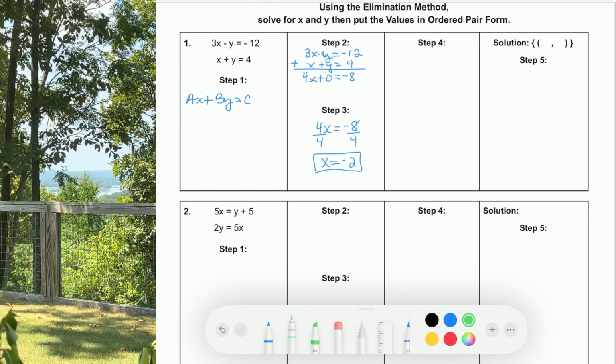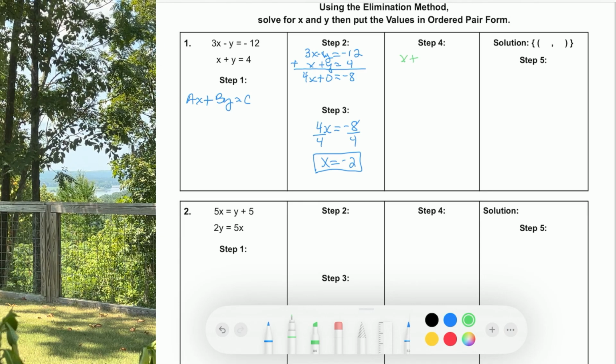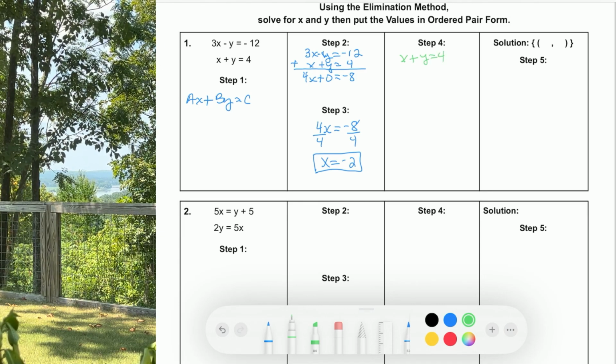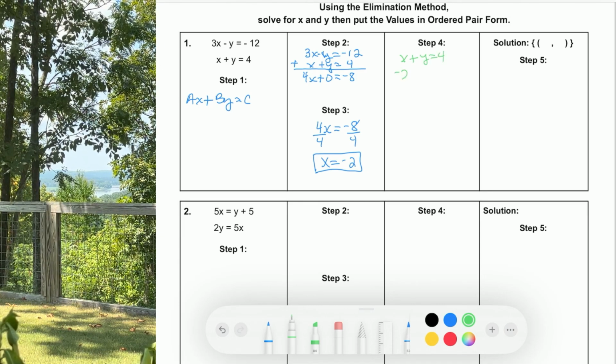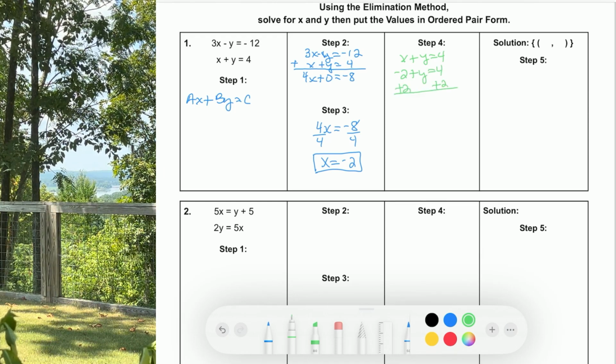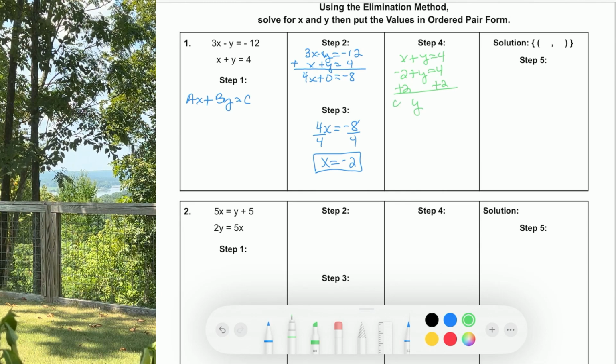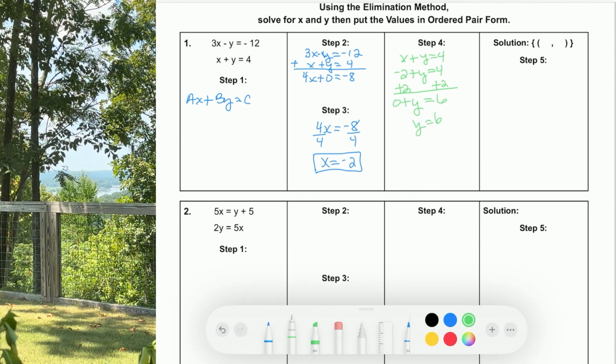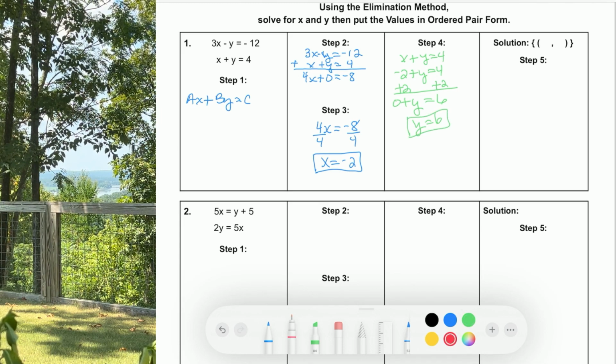I'm going to pick the second one just because it has fewer values and it'll be simpler. Plug in my negative 2 for x. Add 2 to both sides. And I get 0 plus y equals 6. So y equals 6.